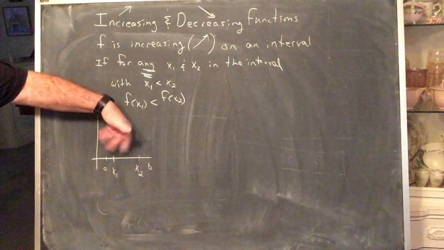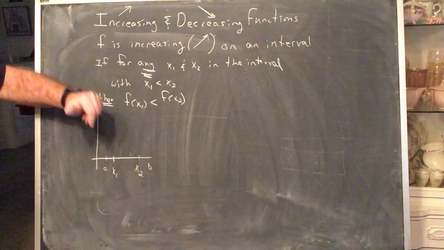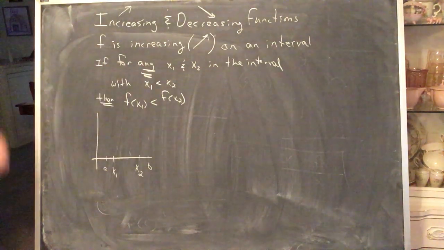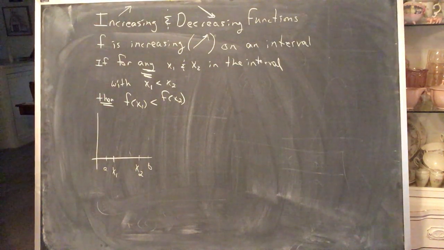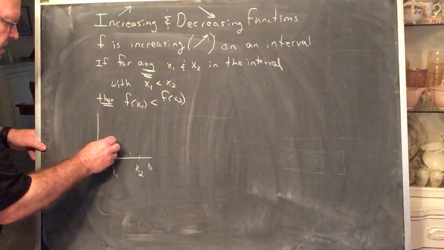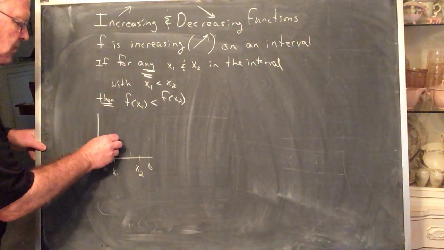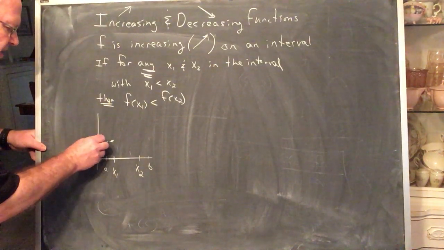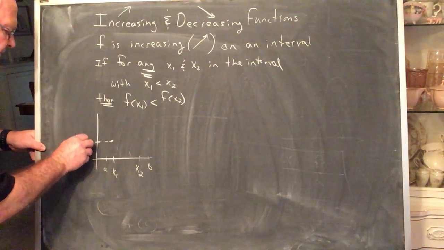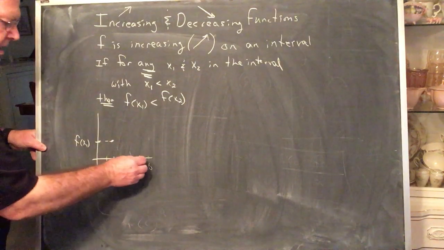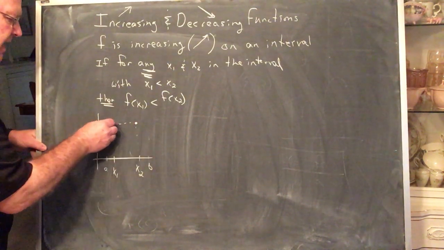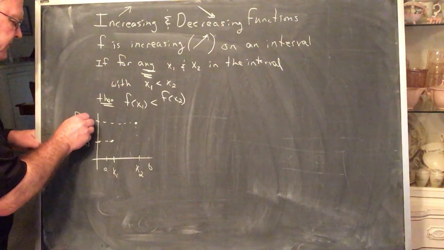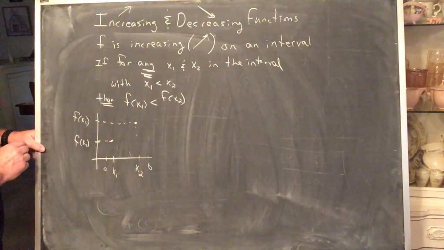Remember, I can choose these to be anywhere I like. The only requirement is we're going to have the lesser one be labeled x1. Then what that says is f of x1, so let's suppose here's f of x1, that's this height, must be strictly less than f of x2.